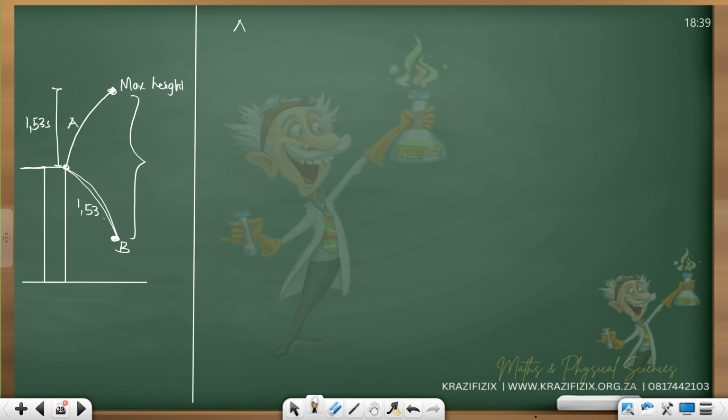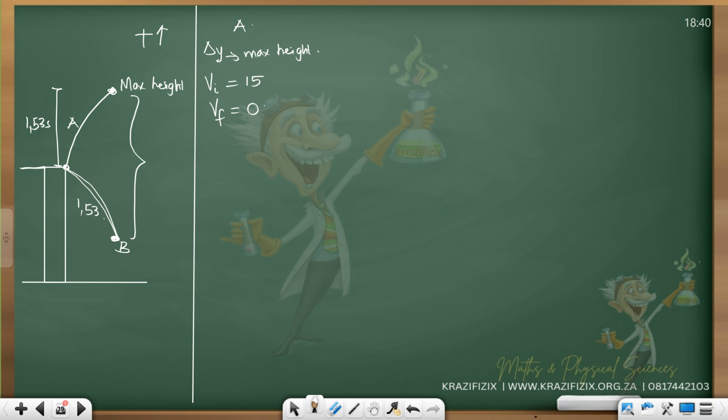What do we know about A? We are looking for what? Delta Y, which is of the maximum what? Height. What do we know? And guys, please keep your initial direction, don't change that. We chose up as positive. Don't change it. Whether the object now bounces, enters the ground, somebody steals it along the way, don't change your direction. Keep it steadfast. What is our initial velocity again? Now, we are focusing on the maximum height. What is the final velocity?